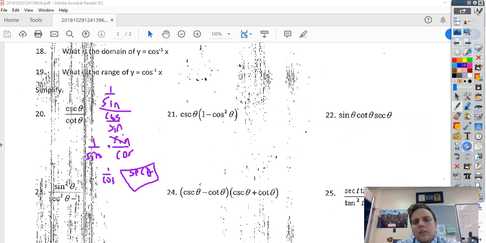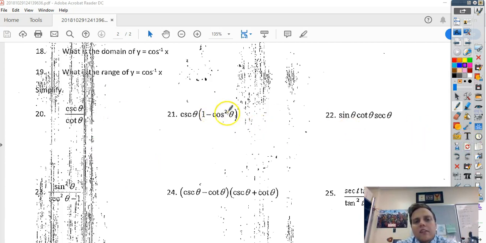Alright, 21. First thing I do is I look for any Pythagorean identities. Ding, ding, ding, that's a Pythagorean identity. It comes from the Pythagorean identity sine squared theta plus cosine squared theta is equal to 1.